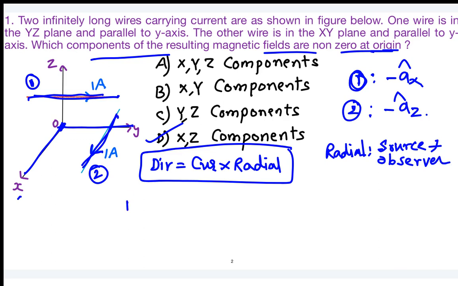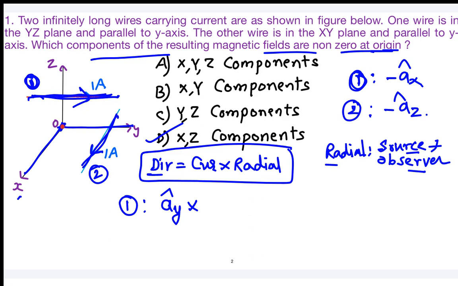Now consider the first current element. The current is flowing along the y-axis, so the current direction will be y. Can you tell me the radial direction considering the first source? I told you, radial means source to observer.